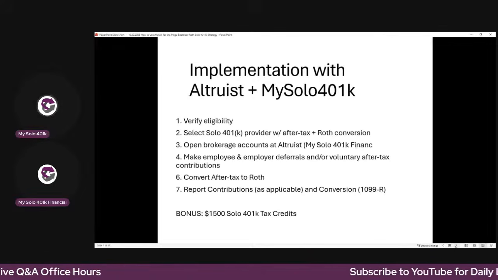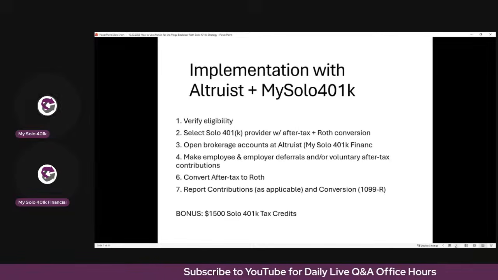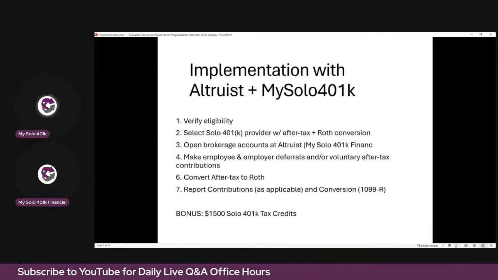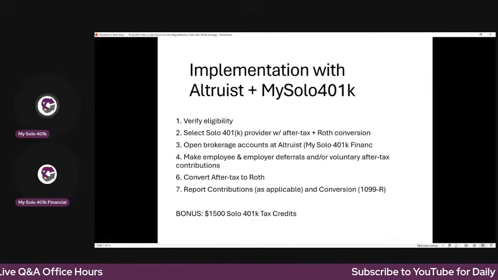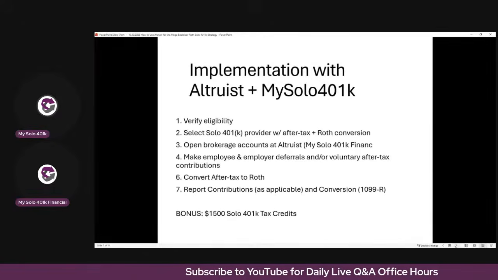And then lastly, let us know about that after-tax to Roth transfer so that we can capture the information that's needed to prepare the 1099-R. And of course, if you're also making pre-tax contributions, you would want to share that with your tax advisor so that could be reported on the personal or business tax return as applicable.